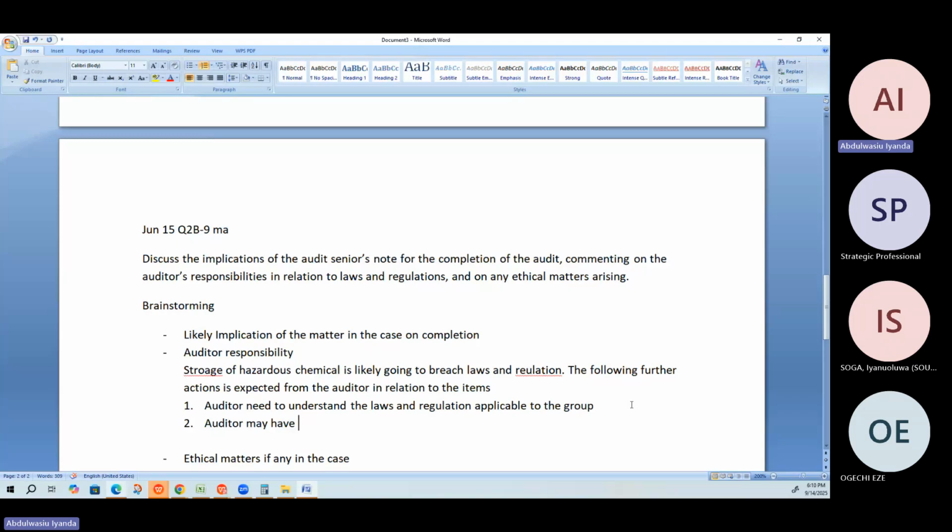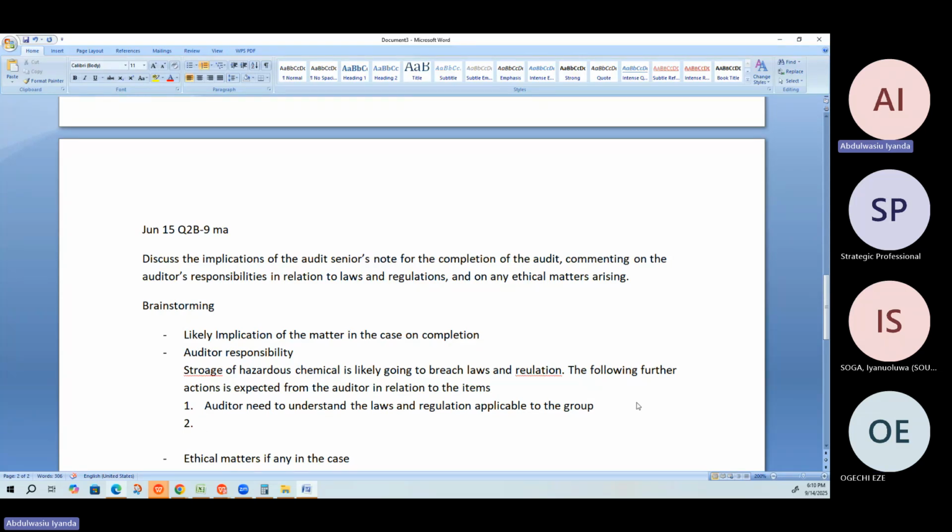The auditor can seek legal advice if he doesn't understand the regulation of the industry they operate. I can even be looking at it from the financial statement first. Okay, understand the laws and regulation.